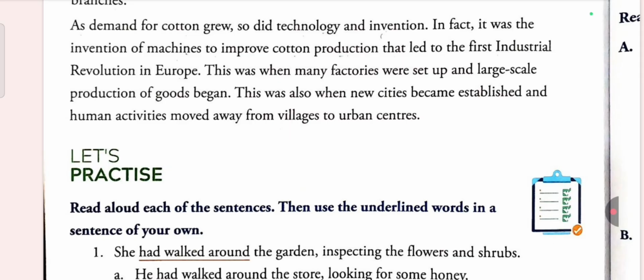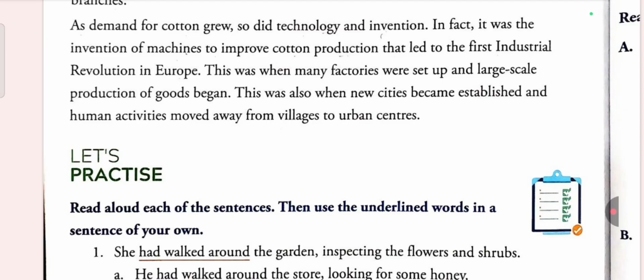This was when many factories were set up and large scale production of goods began. At that time they were setting up new factories, and large scale production of different goods began in Europe. This was also when new cities became established.